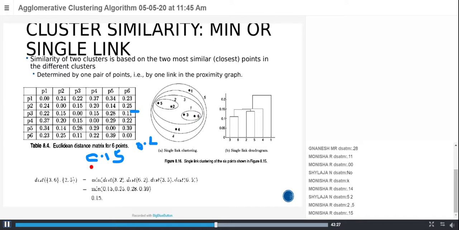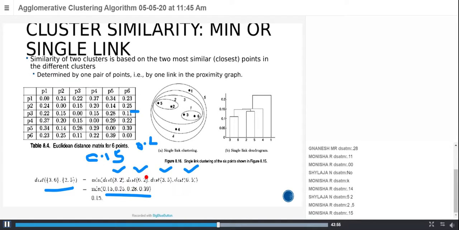So how to form the third cluster? Find the distance between these two. How to find the distance between 3, 6 and 5, 2? It is very simple. We find the distance between 3 and 2, 5 and 2, 3 and 5, and 6 and 5. The distance between 3 and 2 is 0.15.